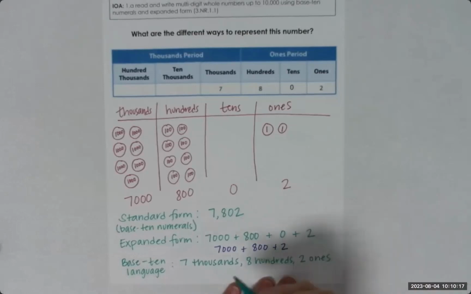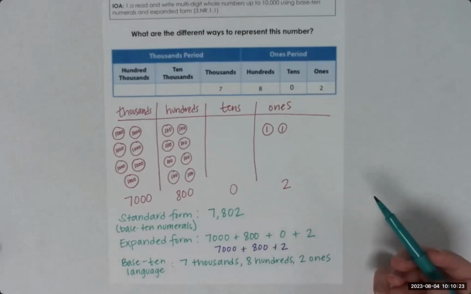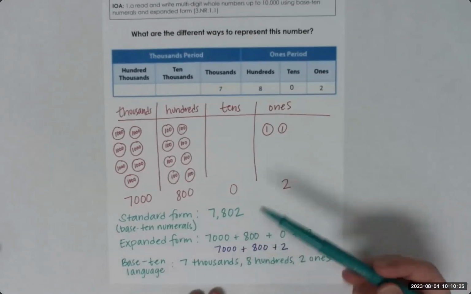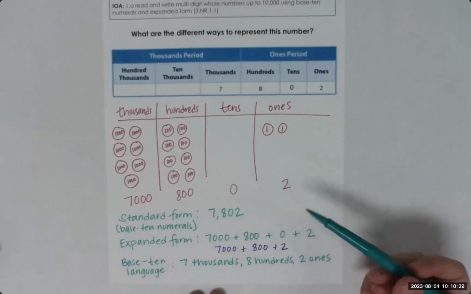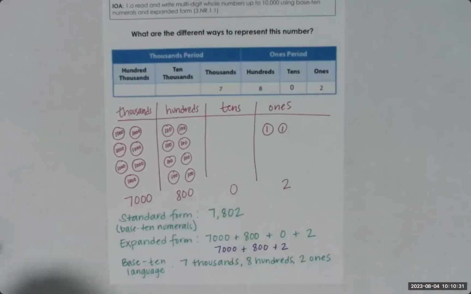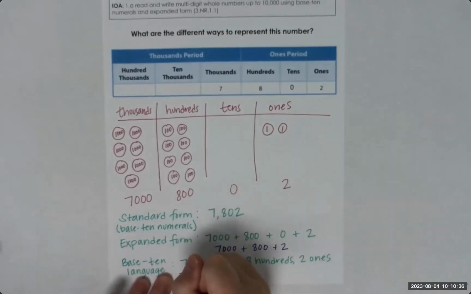Okay. So that is perfectly acceptable. But remember, I can represent this number in different ways. Remember how with our place value discs, I exchanged one of my hundreds for 10 10s. Okay. So if I do that, this would be my answer. I'll write this one in a different color. So if I did that, I could show 7,000s.